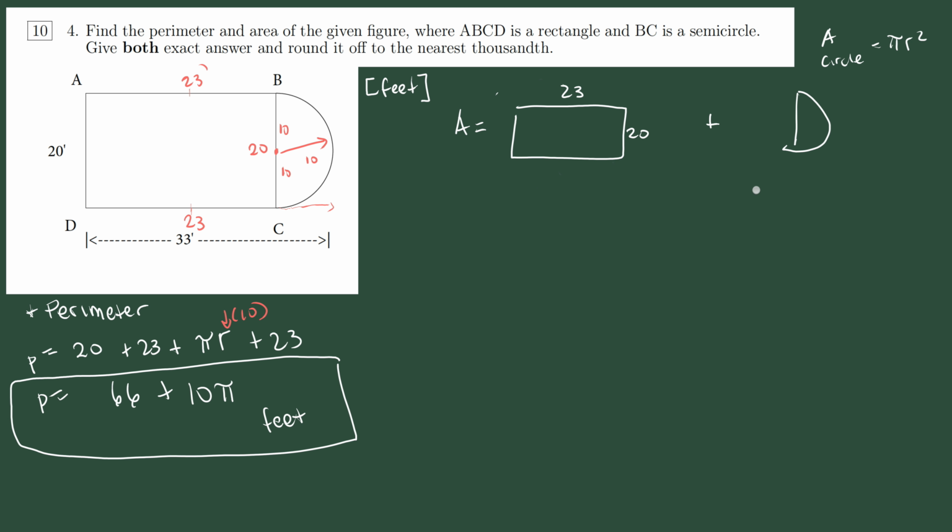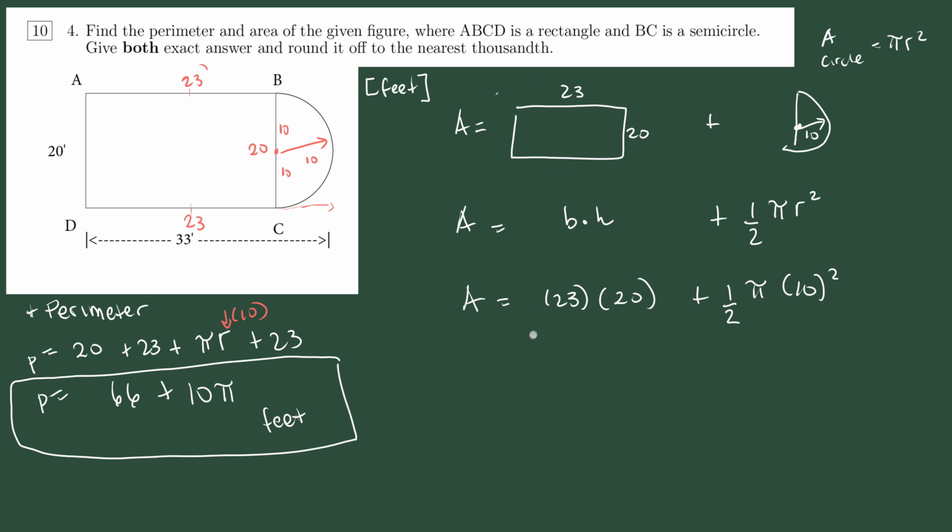So for a semicircle, the area should be 1/2 pi r squared. And the radius here was 10. And what is the area of this rectangle here? Base times height. So the area of the given figure should be base, which is 23, times the height, which is 20, plus 1/2 pi r squared, with r equal to 10.